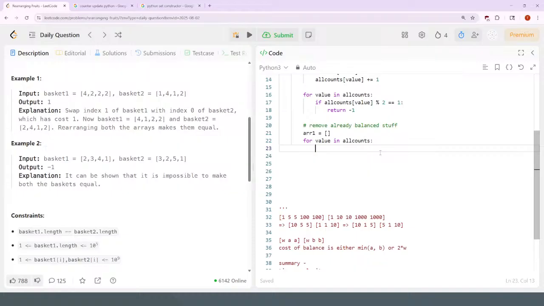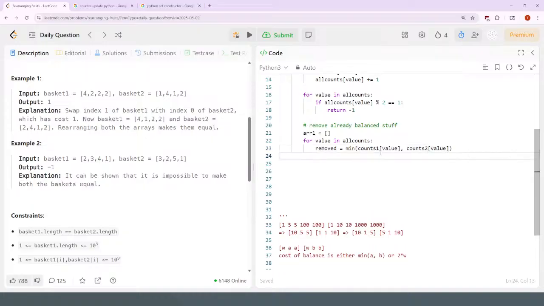So kind of removed is the minimum of counts 1 of this value and counts 2 of this value. I guess I can call this balanced. I might want to use that word later on.